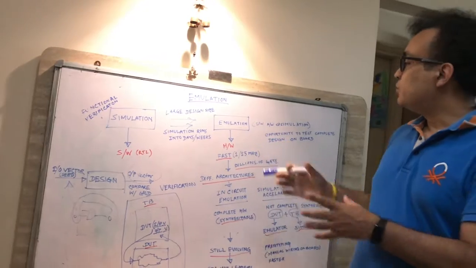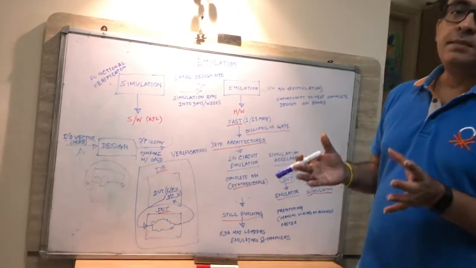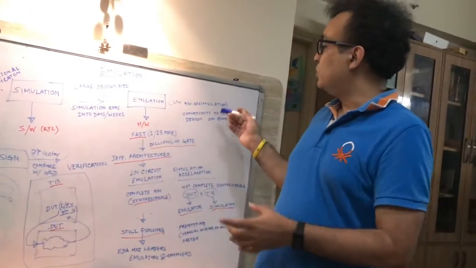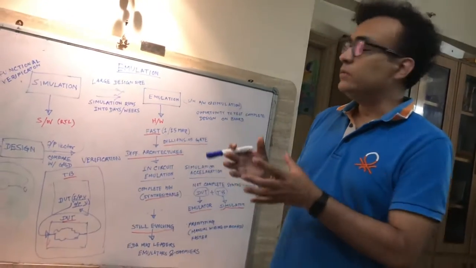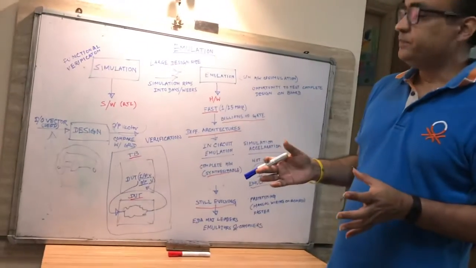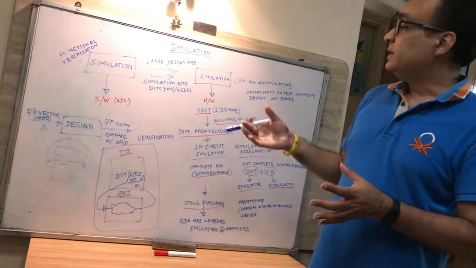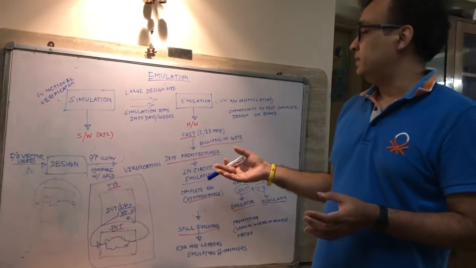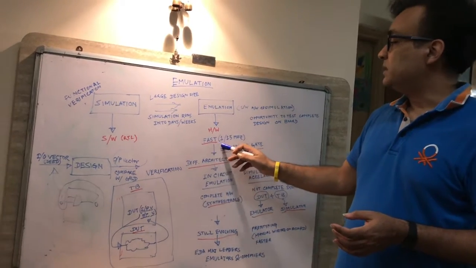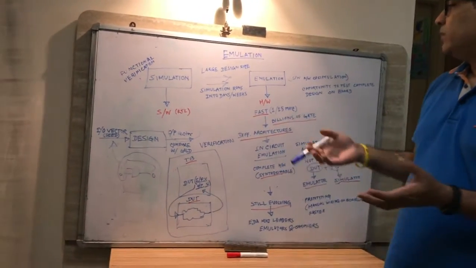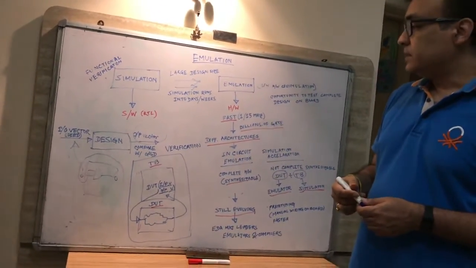In emulation, you can put billions of gates as a part of the SoC directly on board and verify the complete design itself. And it does not run in days or weeks, it can run in a few hours. It is much faster, running at 1 to 1.5 gigahertz of speed.